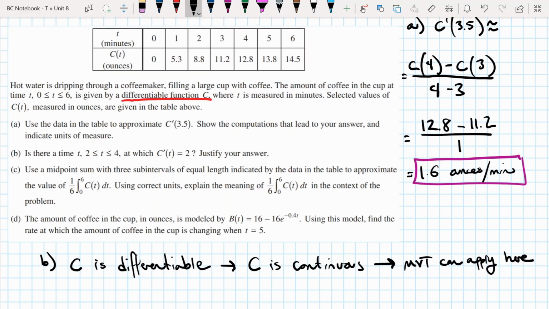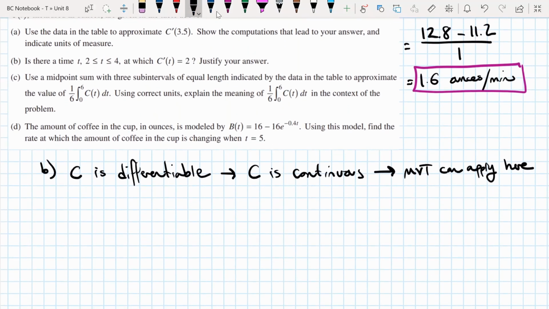What the mean value theorem states is that if I take the average rate of change between 2 points on a continuous function, then the first derivative of that function has to equal the average rate of change between those 2 points at least once. And so let's calculate the average rate of change.